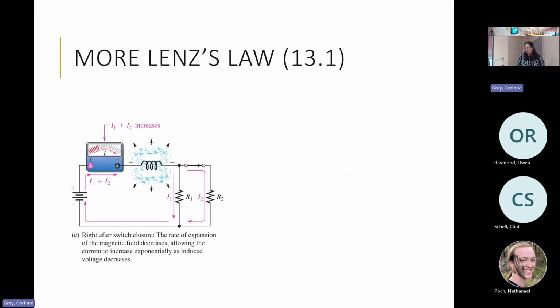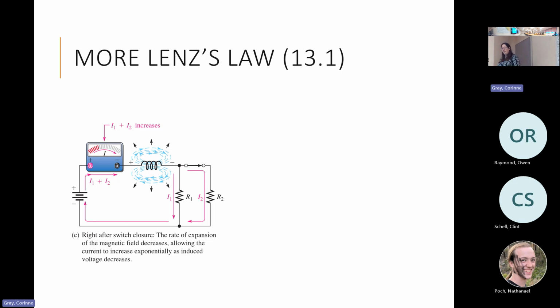This is going to influence the total current inside of my circuit. Exactly what's going on in the circuit will determine whether that current is going to increase or decrease. In this particular case, because I have that second path, it is going to increase.